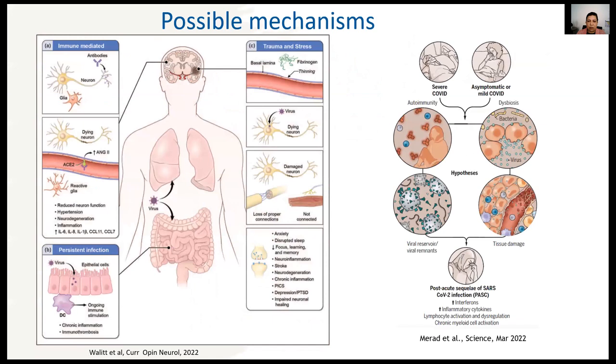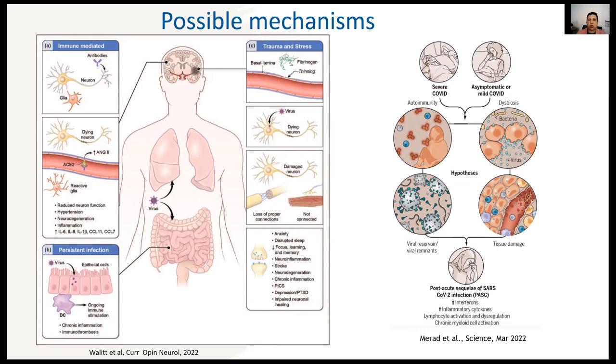So what are the possible mechanisms? On the right is a nice figure in the paper by Merad et al. in the journal Science. PASC is a very complex condition, and I expect that the explanation for why patients develop PASC is also probably not going to be a simplistic one. So various factors probably contribute to developing PASC, especially the different subtypes or phenotypes of PASC. The factors that could be contributing include viral reservoirs or viral remnants, tissue damage, autoimmunity, and dysbiosis.